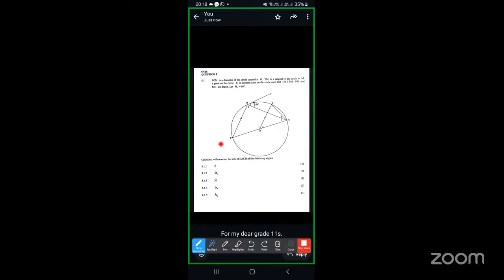Thank you. We can proceed to the next question, 8.1.4, whereby now we are required to find the size of angle O2. We were told that the line PM is parallel to line OR, and we already have that line. Okay, we have something like F here.